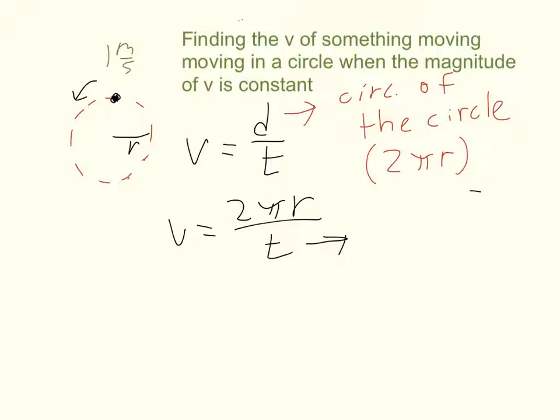And this time will often be referred to as the period, which is the amount of time it takes to complete one full cycle of motion. In this case, a cycle would be a circle.